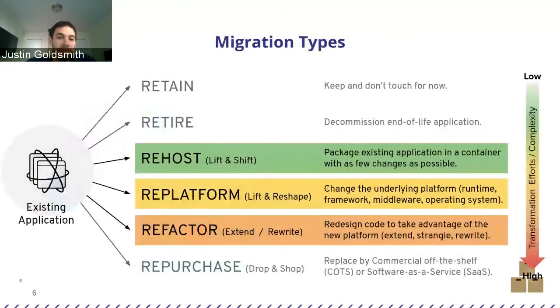All right, so there's lots of different migration types. For the most part, we're going to talk about a form of lift and shift here, about how we can move workloads mostly as they are onto OpenShift. We'll talk a little bit about how we can refactor and replatform them and change them a little bit if they're not capable of running on OpenShift as they are.